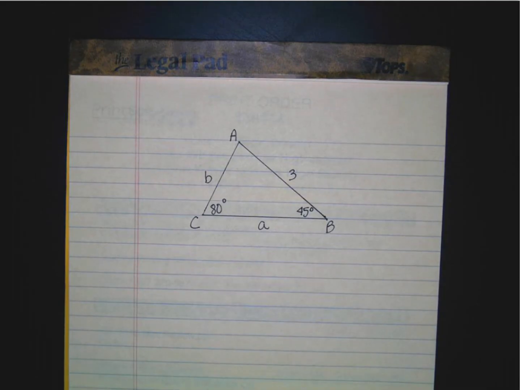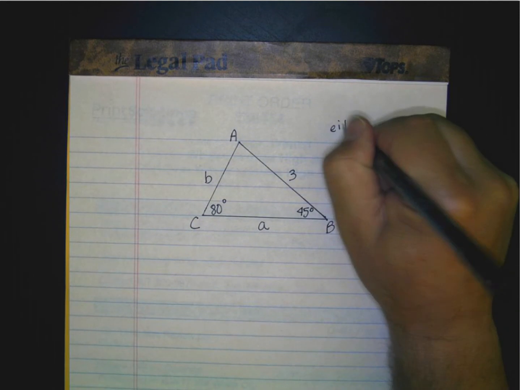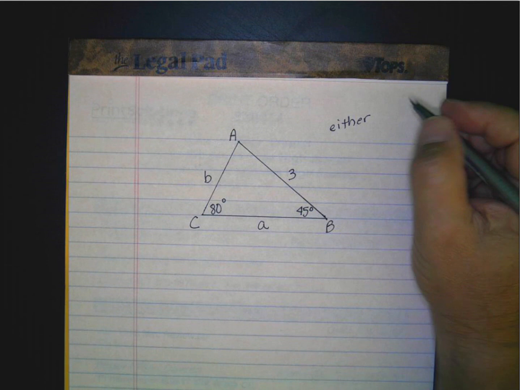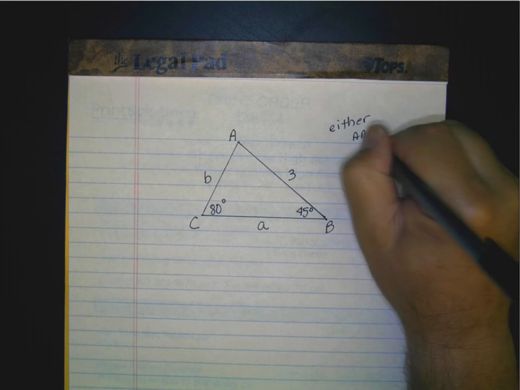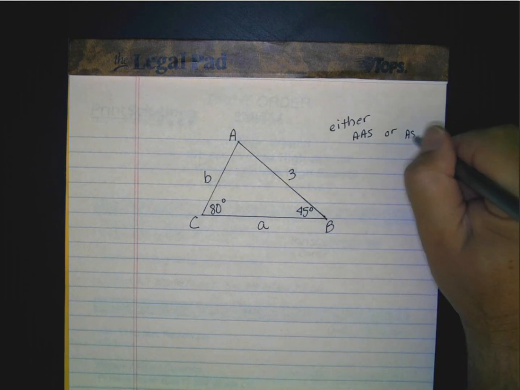Here we want to find the missing pieces of this triangle. Up until now, we wouldn't have any clue how we were going to do it. So I look at it. Remember, I need either AAS or ASA.